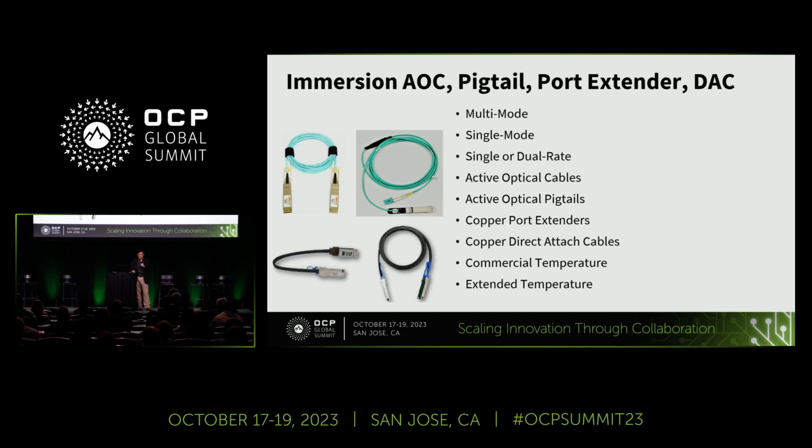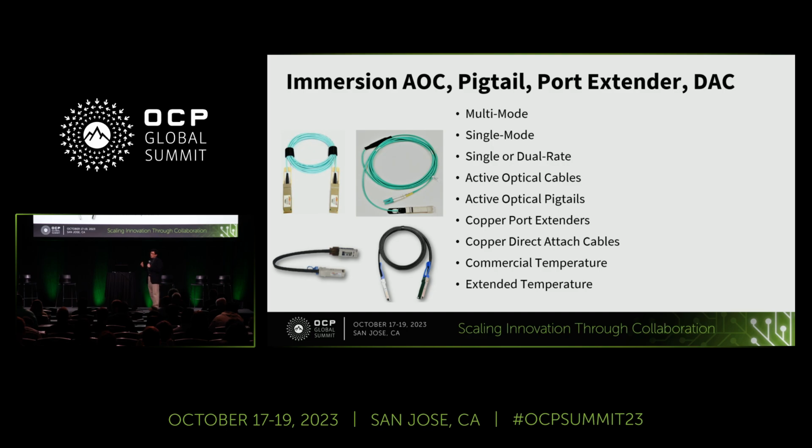Here is an example of the products that we will put through the testing. Optical cables that are multi-mode, single mode, and also single rate or dual rate. And then in the active optical cable or in the pigtail format, pigtails basically terminate in the connector, so they can be connected directly to a patch cord.